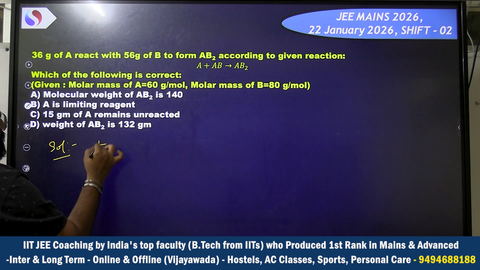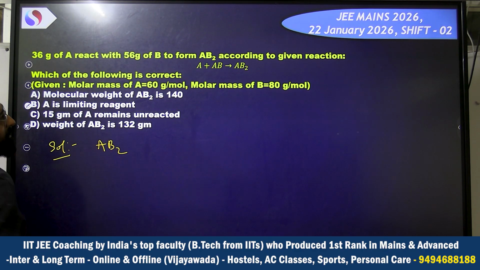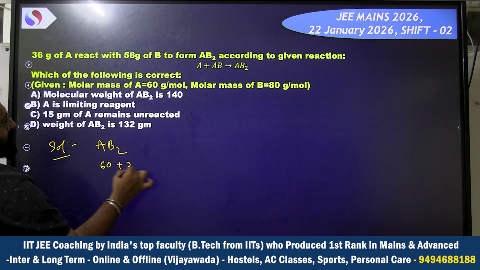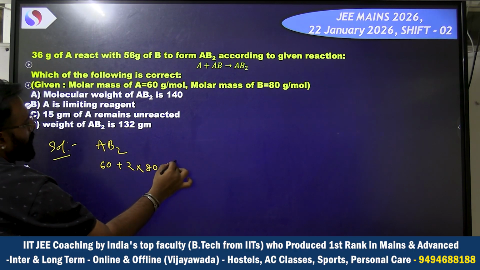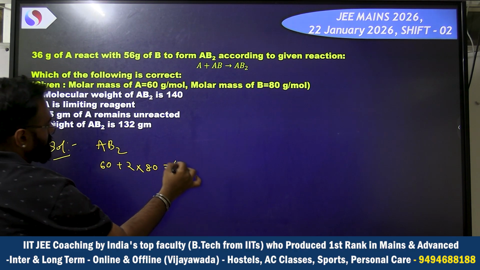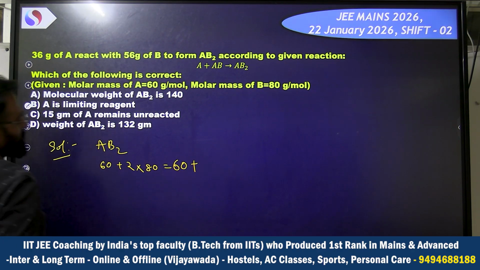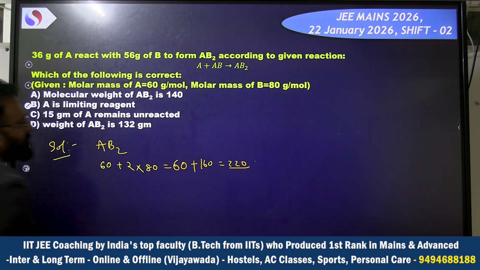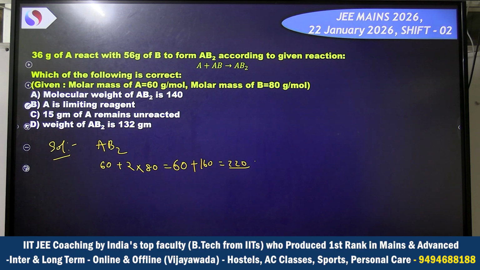AB2 is given, so 60 plus 2 into 80, that is 160, so 220 is the molar mass of AB2. So option A is incorrect and option D is incorrect. These both options are incorrect.